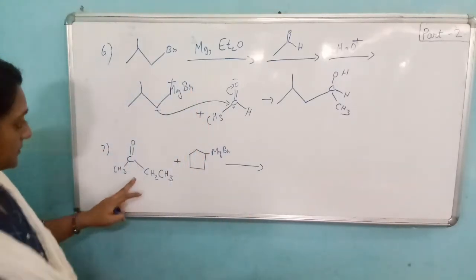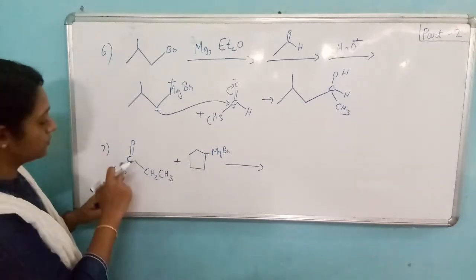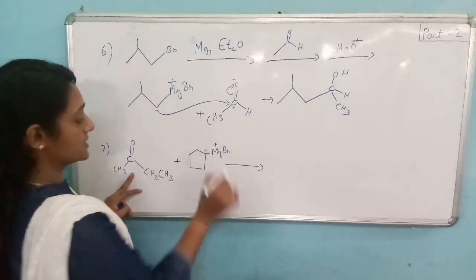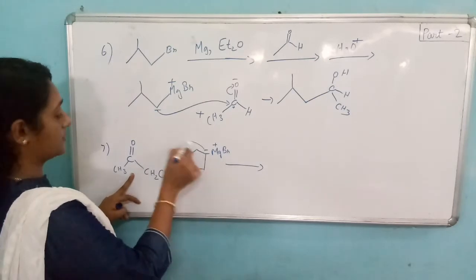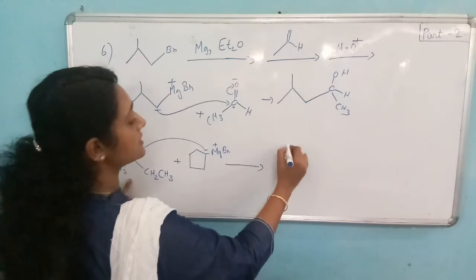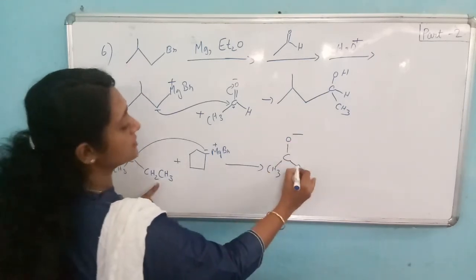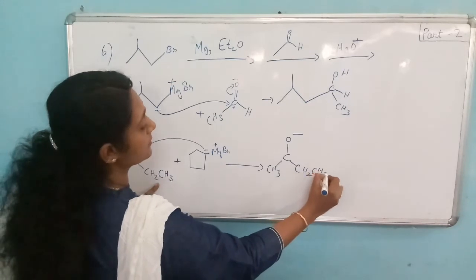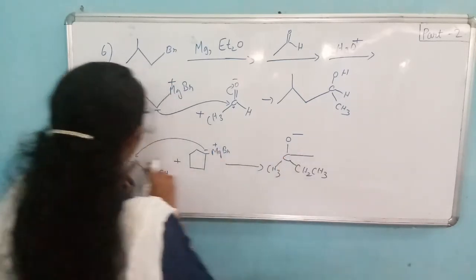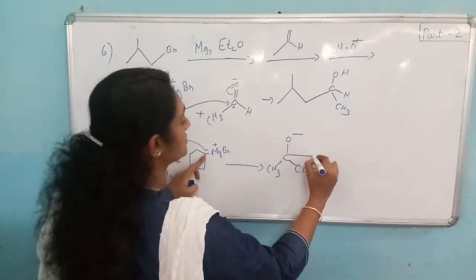Next, this is the Grignard reagent. This is the ketone group. This Mg plus, this minus comes and attacks the carbonyl carbon, and the bond shifts to oxygen. We get CO minus, CH3, CH2, CH3, and this nucleophile gets attached to this carbon.